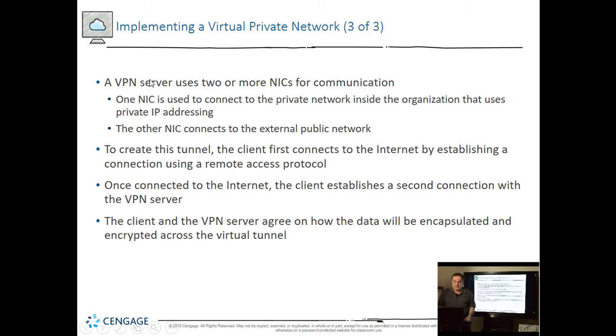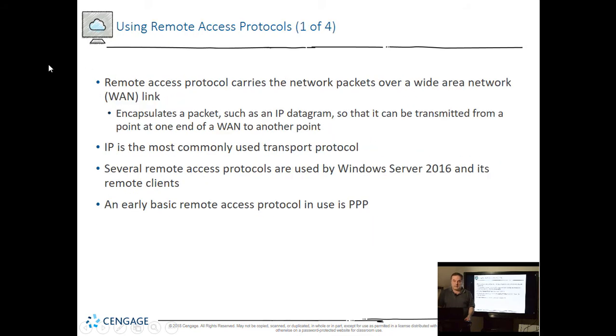So let's take a look at the remote access protocol. It carries network packets over a wide area network link. So anytime you're outside of your local area network, you're considered to be in a wide area network. So sitting in that coffee shop, you're on the LAN inside the coffee shop, but you're connecting to the LAN inside your office using the WAN resources, the wide area network resources, such as an internet service provider.